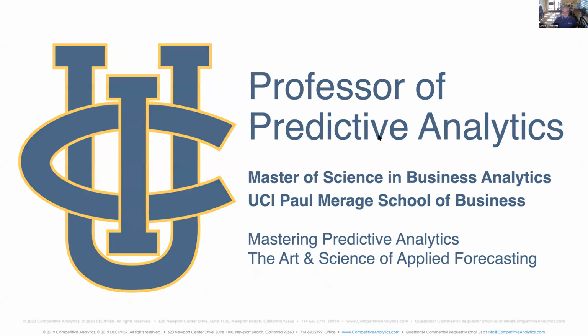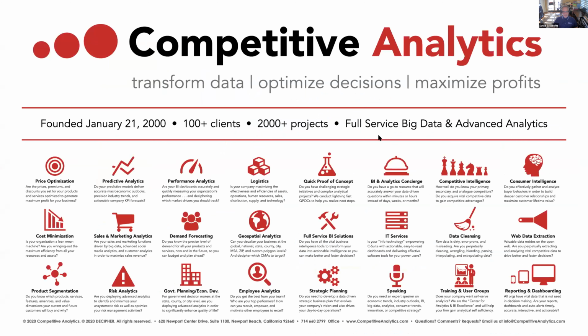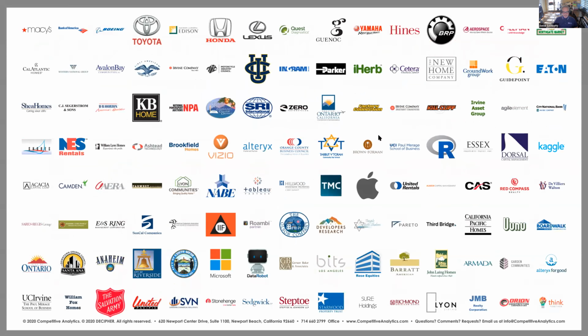We have a very deep and broad swath of analytics services that we provide, a full service analytics company. And we cater not only to Fortune 500 companies, but SMBs across all industries and sectors.